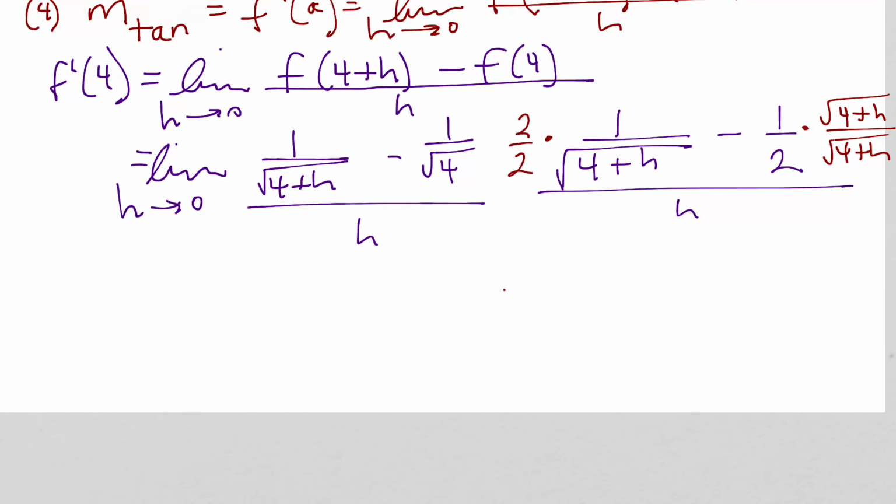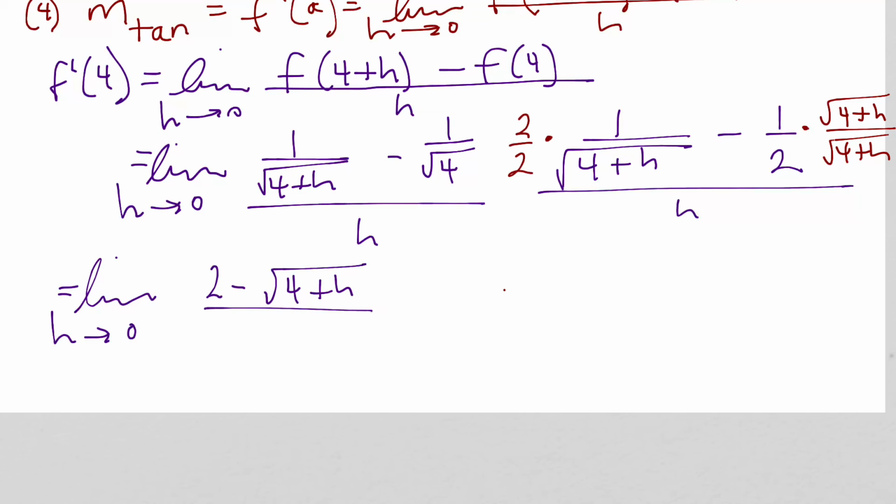Alright, so that's going to give us the limit as h approaches 0 of 2 minus the square root of 4 plus h divided by 2 times the square root of 4 plus h all over h. So I'm going to go ahead, I'm going to move that h out front so it's not in the way. So let's put it over here.